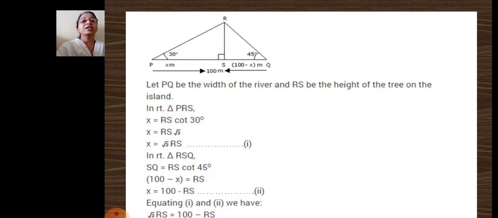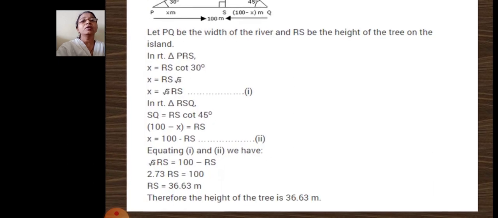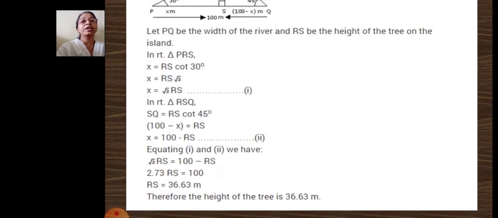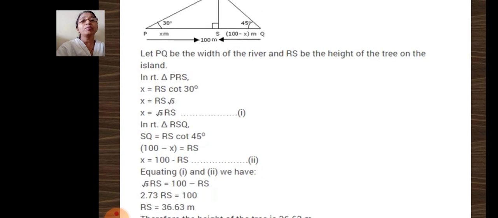Now let us take triangle PRS. Because the tree is perpendicular to the ground, both triangles PRS and QRS are right angle triangles. So in triangle PRS, either you take tan of 30 degrees, opposite upon adjacent, or you can take cot, because cot 30 is root 3, while tan 30 is 1 by root 3.